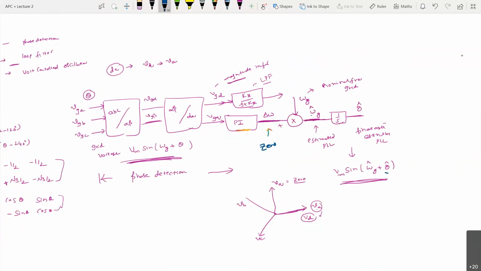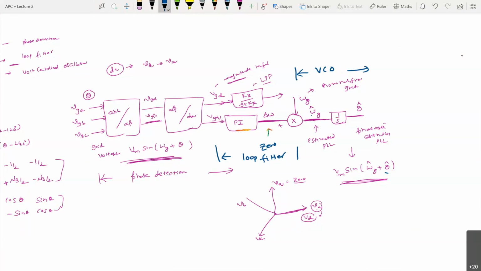This portion is the phase detection and this is the loop filter, whereas this one is the voltage controlled oscillator, VCO. From the angular frequency, you are estimating the angular phase angle.